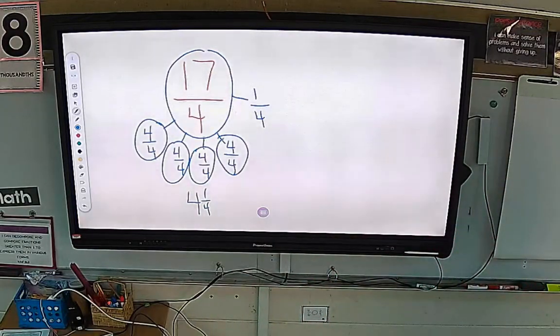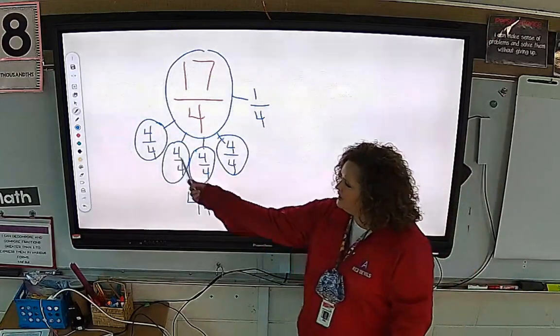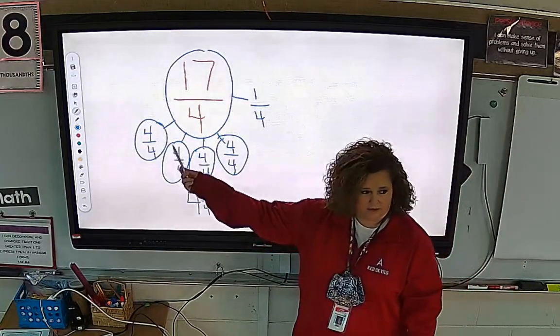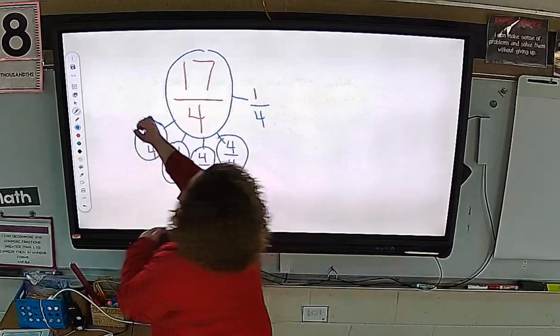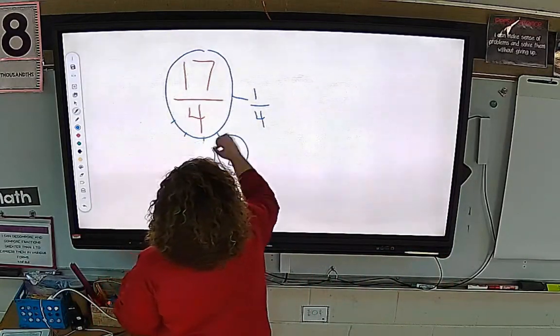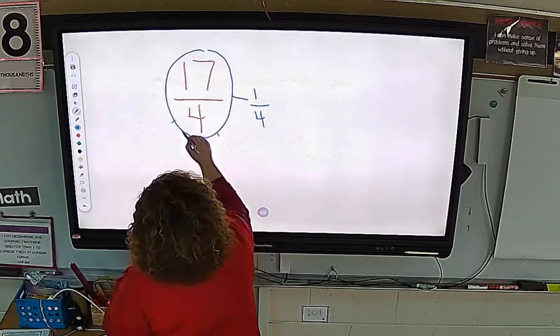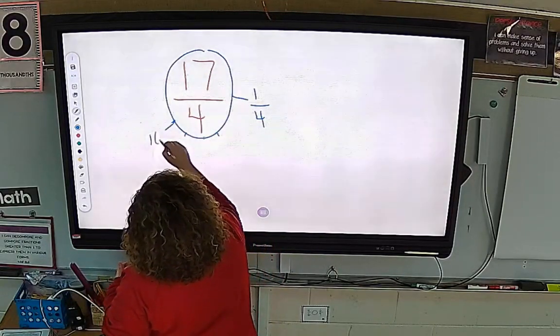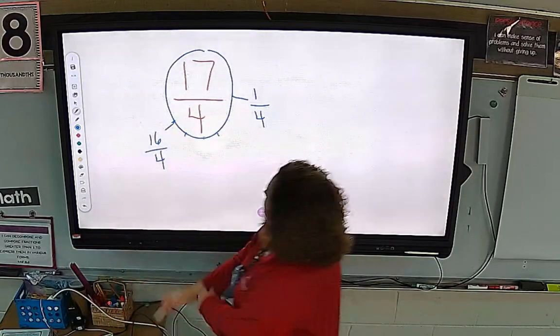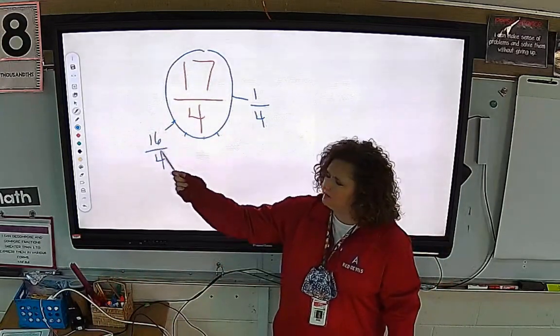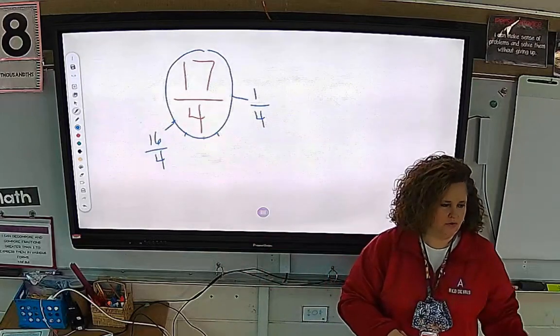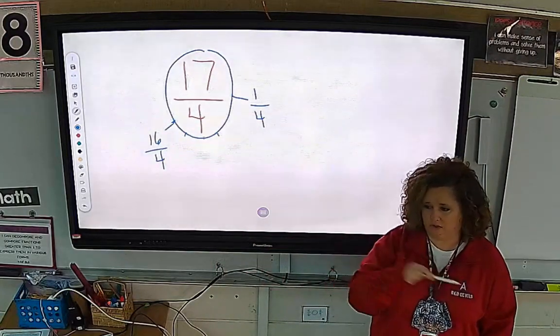Now, just give me your eyes for a second. I told you yesterday, this is not for everybody. If you are not ready for this, that's fine. But if you recognize that that is 16/4 right there, you might also recognize, remember like forever ago, I told you the fraction symbol is actually a division symbol?